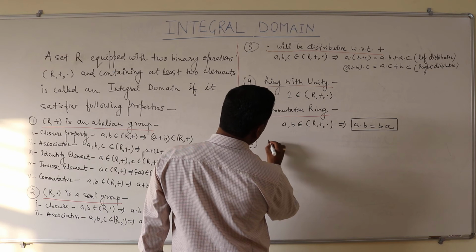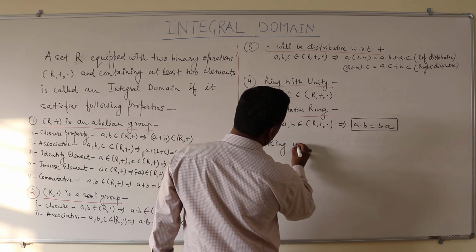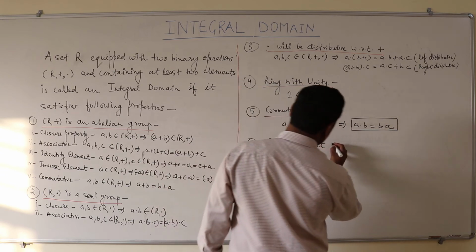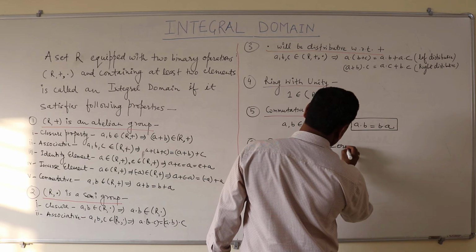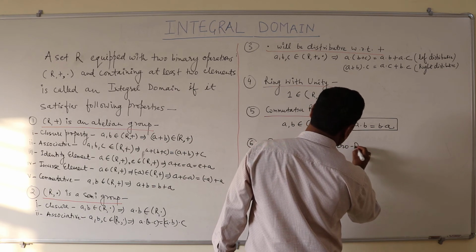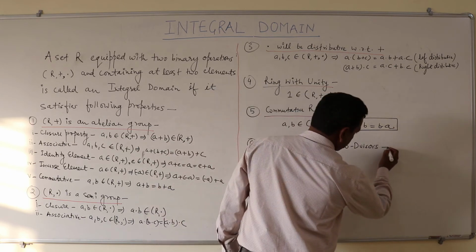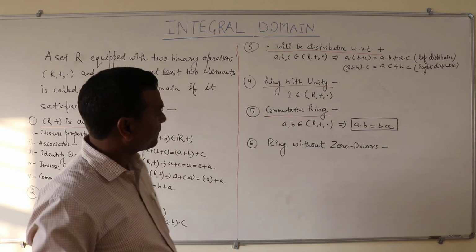And the sixth property is ring without zero divisors. This is a very important property.